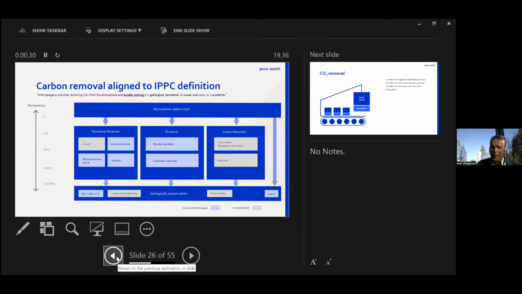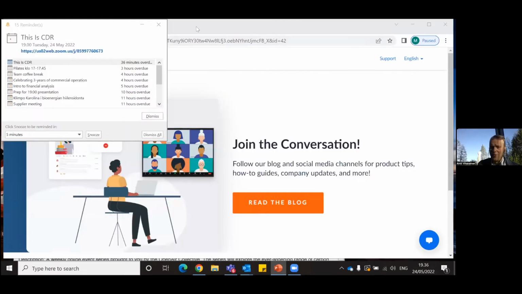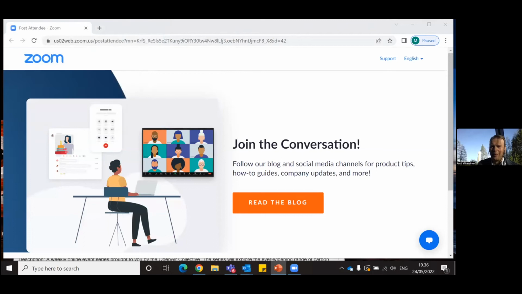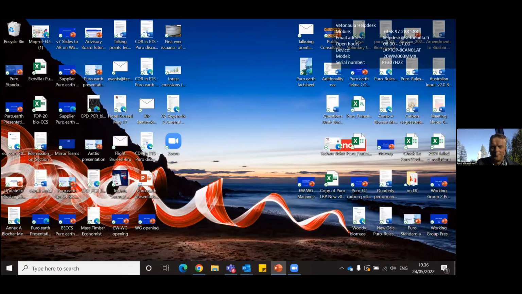So it's just the availability question that is the problem there. But for example, direct air capture is part of our geologic carbon removal methodology. So it is already there. It's a meta level methodology that Marianne and her team have developed. I'll let you continue on the other stuff.